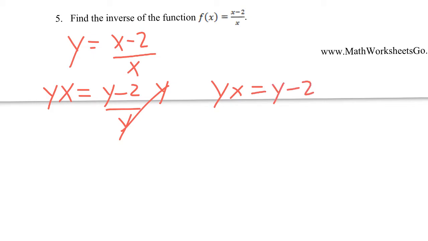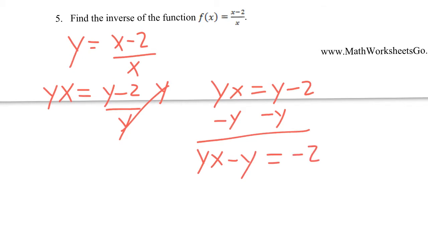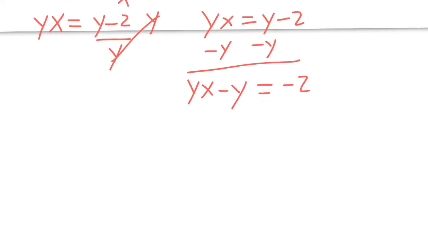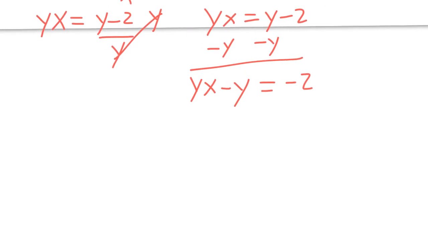Solving for y is not that easy because there's 2 places where there's y's involved. So the way you solve anytime you have multiple y's involved in the problem is gather all of the y's to one particular side. So I'm going to just simply subtract y to gather all of the y's to the left side of equals. Now that all the y's have been gathered, each term over here has a y in it.